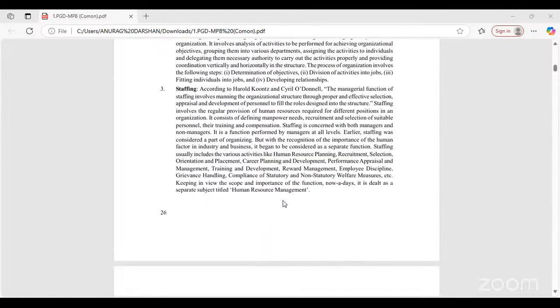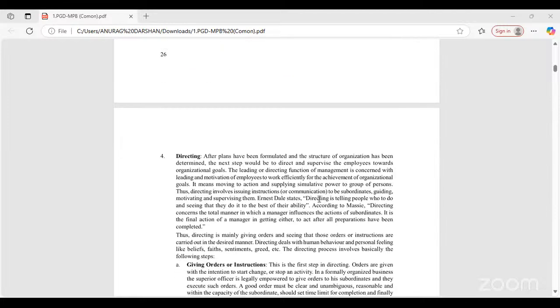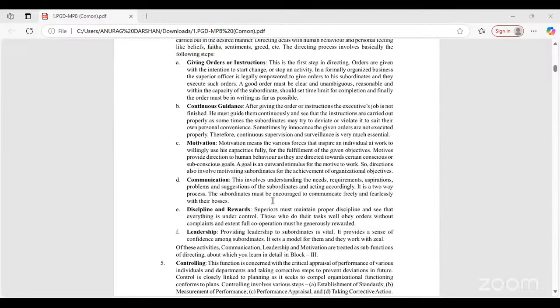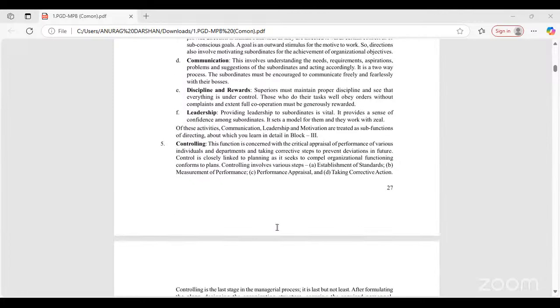Staffing is bringing the people together. Directing is giving proper direction and guidelines for the work, giving orders, motivating, disciplining, providing leadership, and giving rewards.